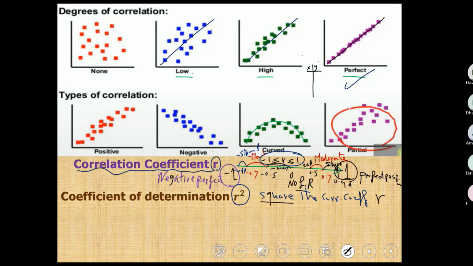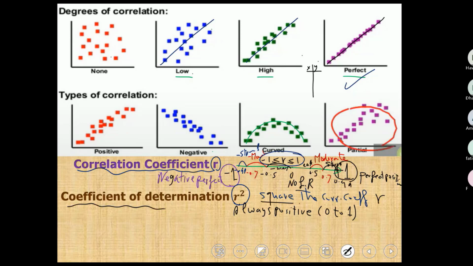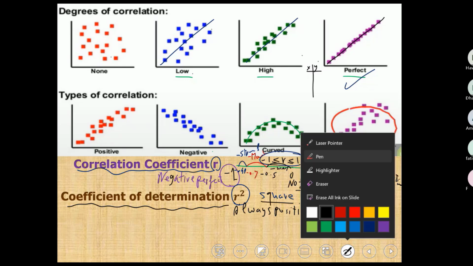Because R is between -1 and +1 and we square it, it is always positive, and between 0 and 1, because when you square any negative, it becomes positive. So remember, R is between -1 and +1, but when we square R, we get the coefficient of determination, between 0 and 1.